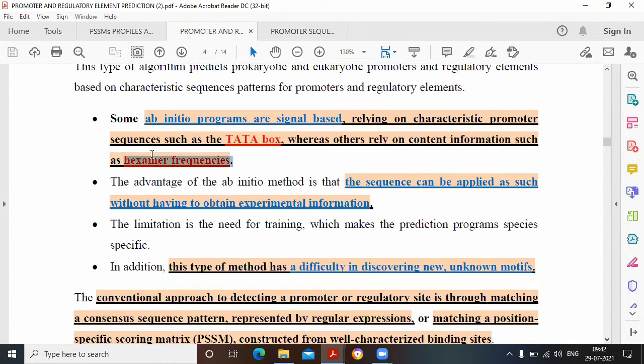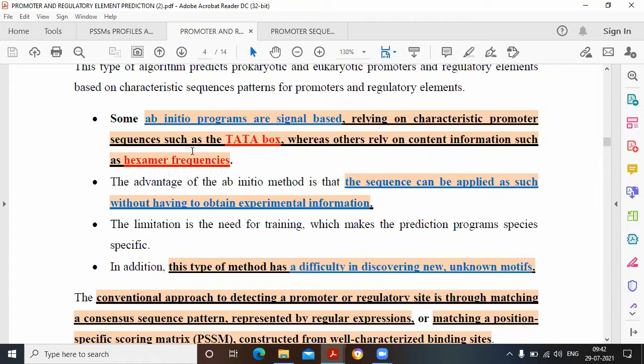So what are these hexamer frequencies? Hexamer frequencies relate to the starting codon, and there are basically 3 reading frames. If we talk about DNA, with both strands, 3 plus 3, a total of 6 reading frames will be there. That is why all 6 put together are called hexamer frequencies. So how well are these hexamers appearing?